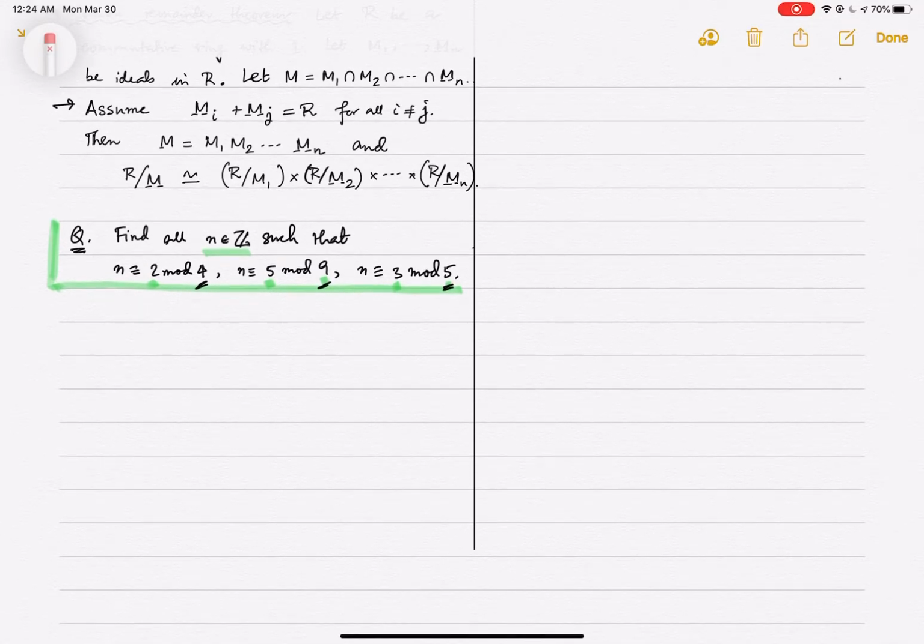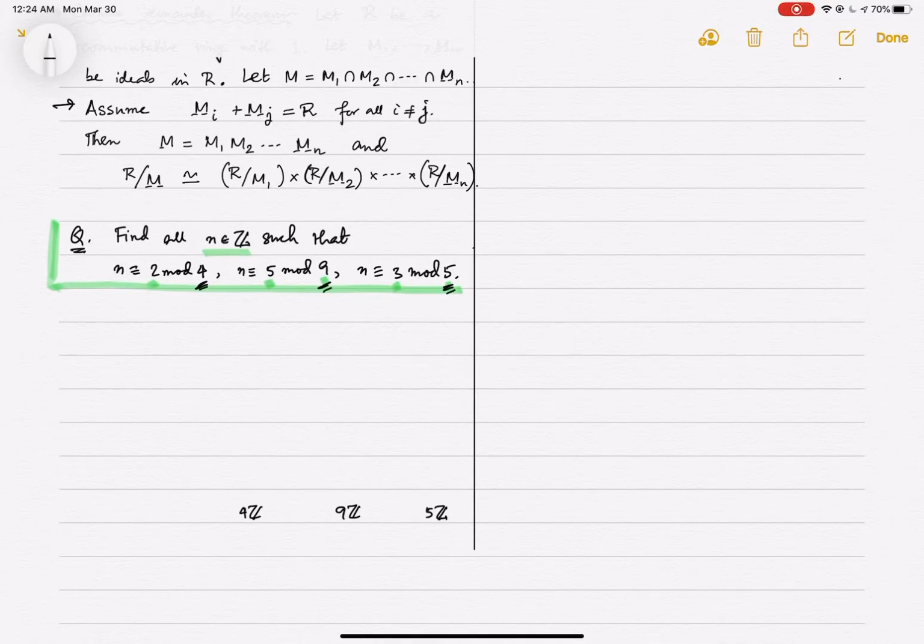So in the situation of the exercise, the ring in question is Z, and there are three ideals, 4Z, 9Z, 5Z, corresponding to these moduli.